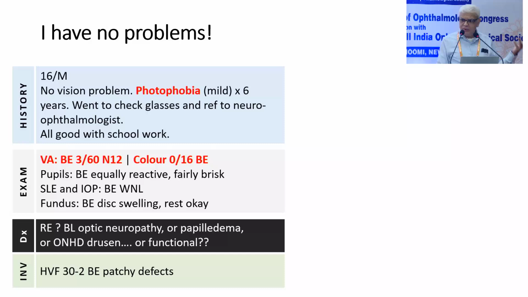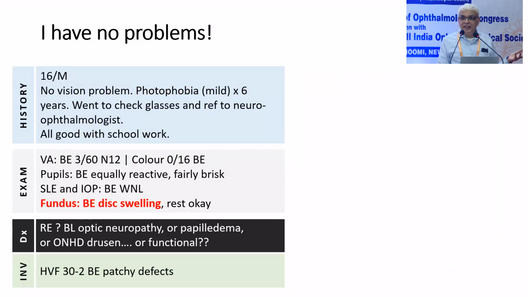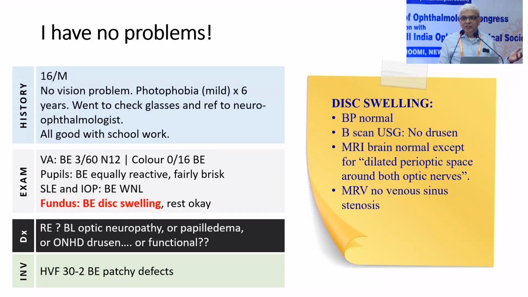He does perfectly well in school. So all this doesn't fit. So he obviously has some kind of macular cone dystrophy: photophobia, poor or absent color vision, etc. So the whole thing didn't fit together. So we sent him for an MR for IIH, and unfortunately Dr. Veena, our radiologist, said everything is fine including the MRV, there's no venous sinus stenosis at all.